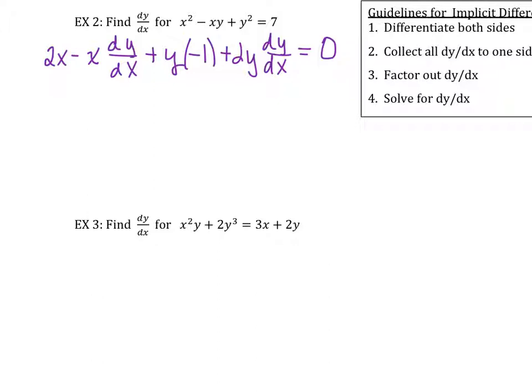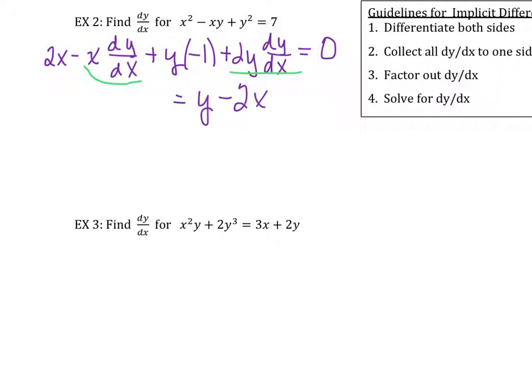Now let's do what we said. We're going to look at what has a dy/dx, which is this one and this one. I'm going to keep those on the left and move everything that doesn't have dy/dx to the right. And I'm okay with you combining some steps. So if I move that which doesn't have a dy/dx to the right, I would have y minus 2x, because I'd have to change their sign.